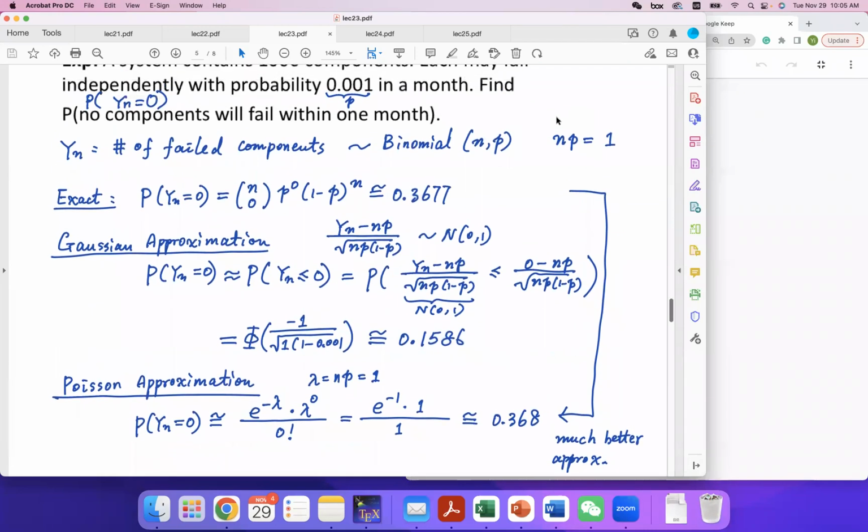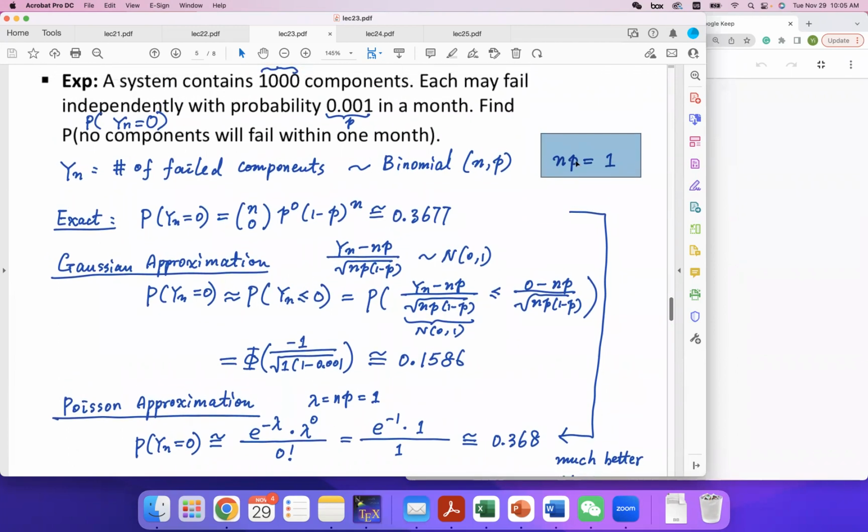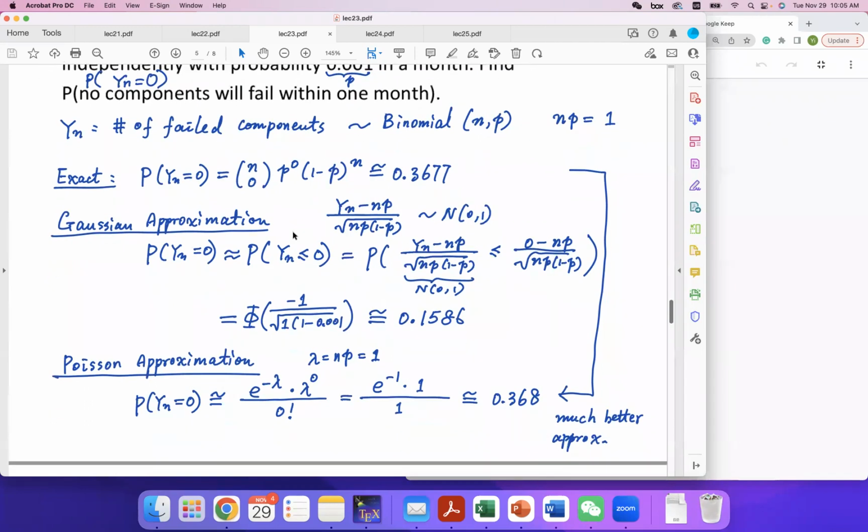So instead, we can consider using a Poisson approximation because here we observe that NP, N times P, is a relatively small number. So maybe Poisson approximation is more accurate.